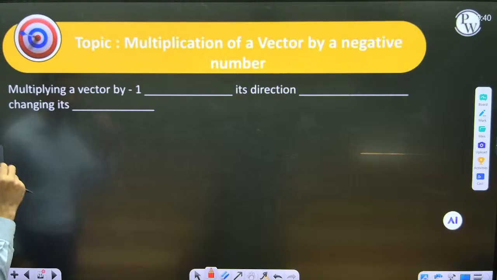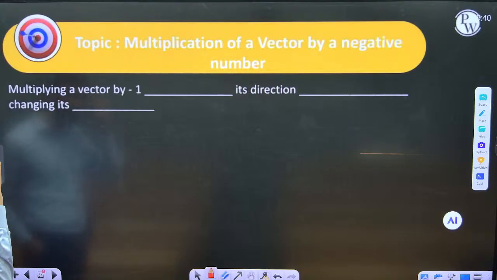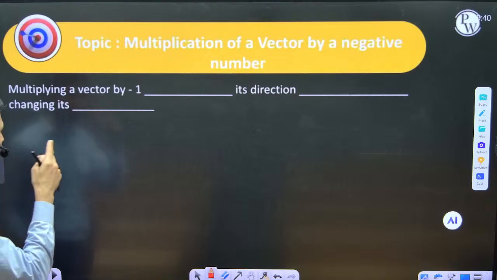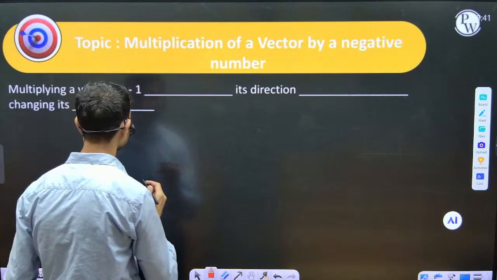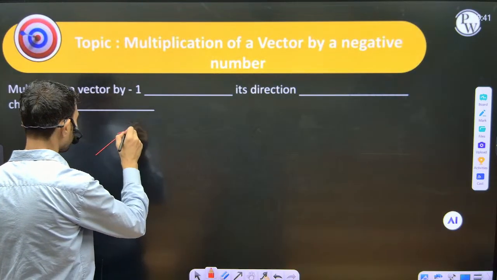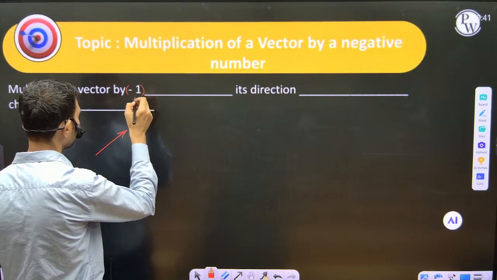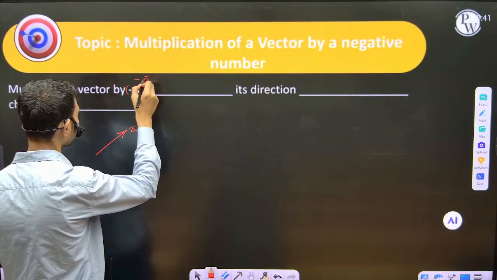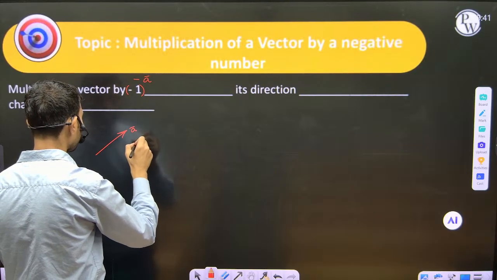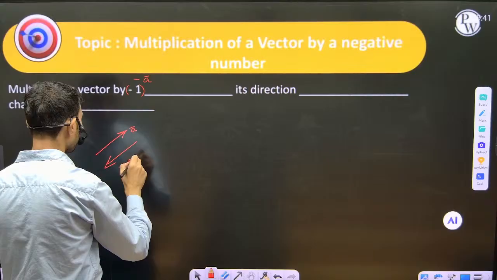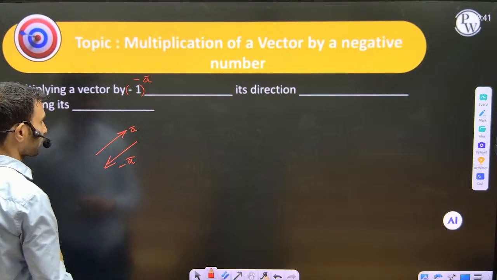Next, multiplication of a vector by a negative number. So multiplying a vector by -1, what will it do to the vector? Let's say you have a vector here and you want to multiply it with -1 and make minus a vector. If a vector is in this direction, minus a vector will be in this direction.